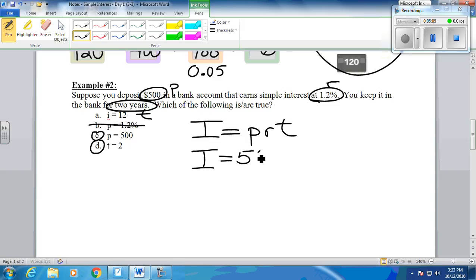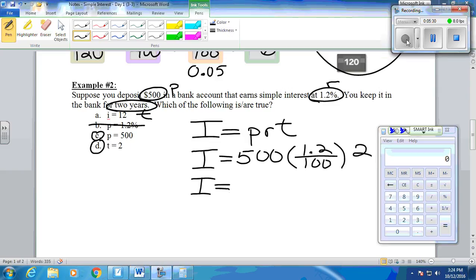My principal is 500. My rate is 1 2/10%. So I'm going to put 1 2/10 divided by 100 and then times 2. Now when I enter this into my calculator, I'm going to start by putting the 1 2/10 first, divided by 100. Let's try that again.